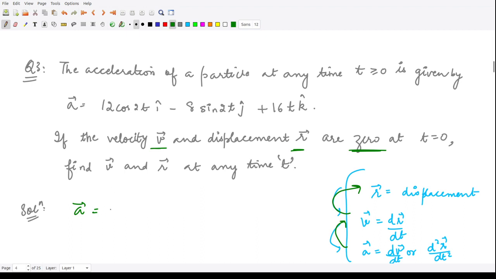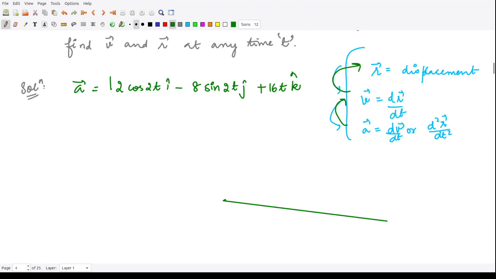So our a vector is given to be 12 cos 2t i cap minus 8 sin 2t j cap plus 16t k cap. So this is given to us. Now in order to calculate v, we are to integrate this quantity. So let's integrate this with respect to t. So what do we have?